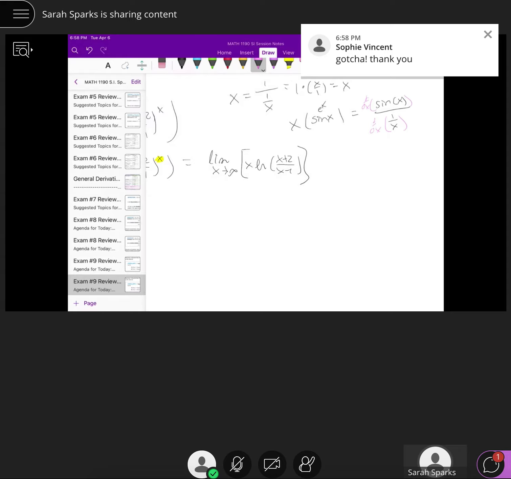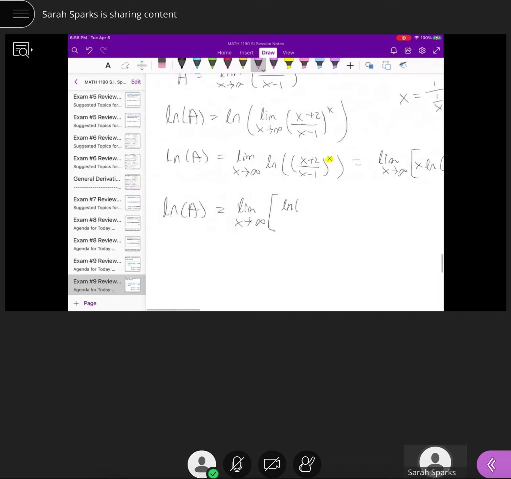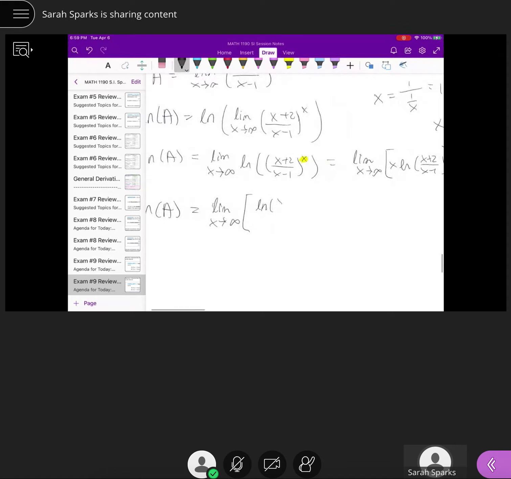Yeah, no problem. I think it makes a little more sense when you visually see it, but that's just something you need to keep in your brain. That's something you're allowed to do whenever you're evaluating these limits. All right, so we're going to have the natural log of (x plus 2 divided by x minus 1) over 1 over x.